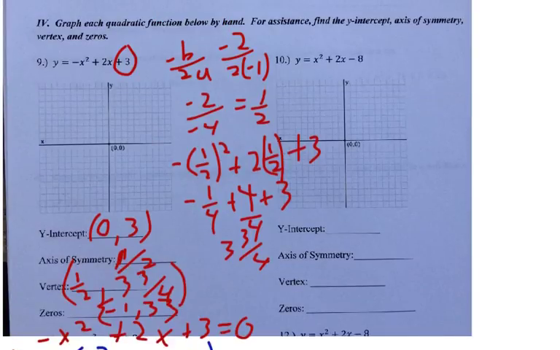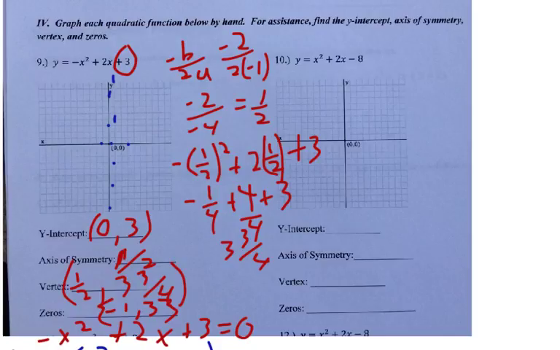So now when I go to graph it, I can graph a negative 1, and this isn't going to be right on. I'm having a little trouble with the iPad right now. That's pretty close. So that's my zeros. My y-intercept's (0, 3), so I go up to 3. And my axis of symmetry is 1/2. So at a half, I'm going to put a dotted line. Again, this isn't perfect, but that's supposed to be a dotted line showing where the vertex is.